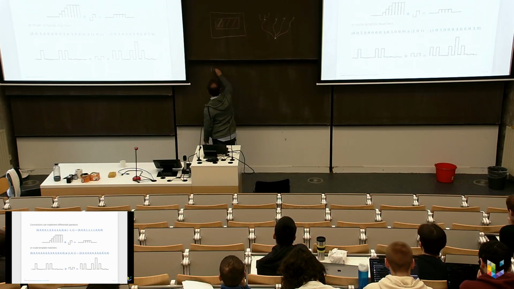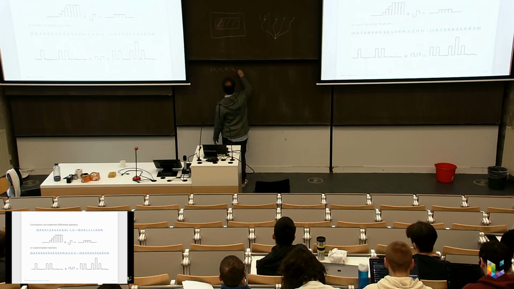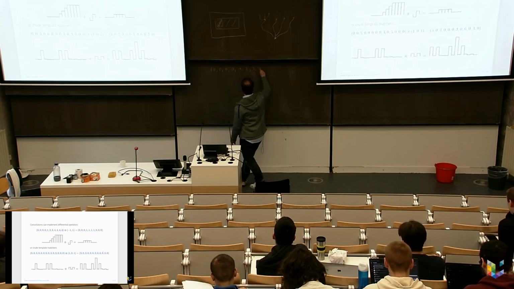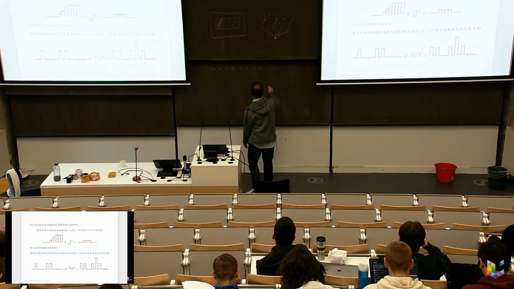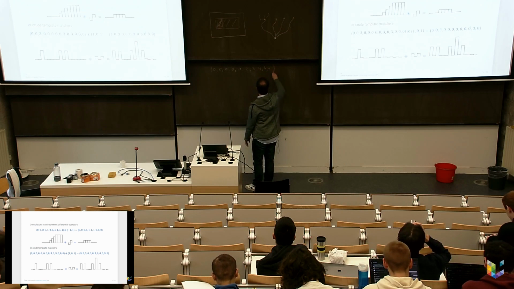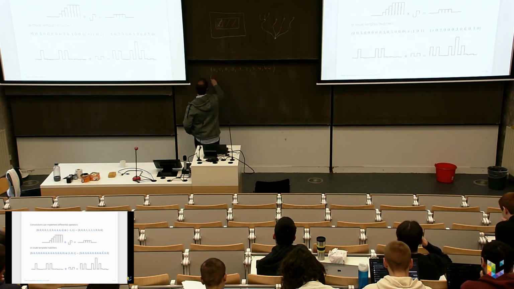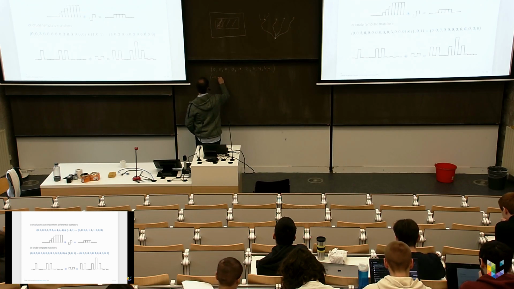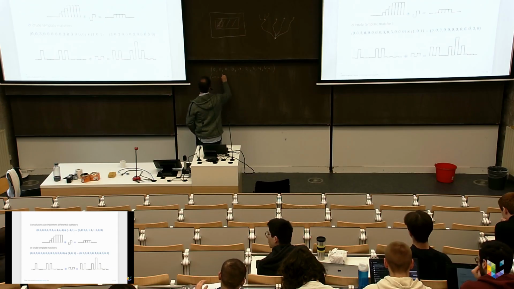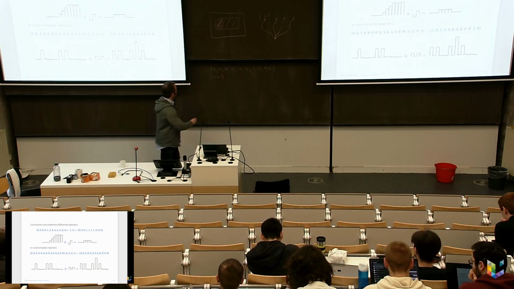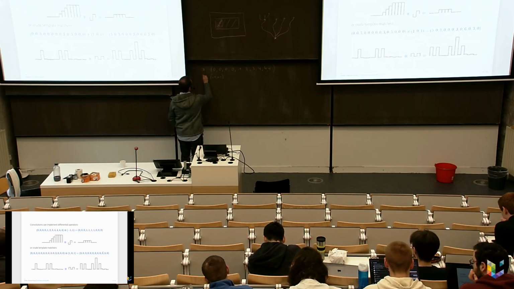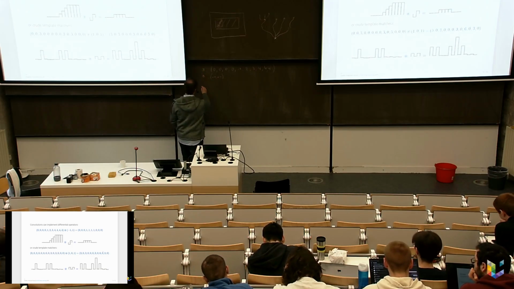So we have 0, 0, 0, 0, 1, 2, 3, 4, and then that's it. Then we have the kernel, -1, 1. And then we say that the convolution of x with the kernel u is a vector. Okay.